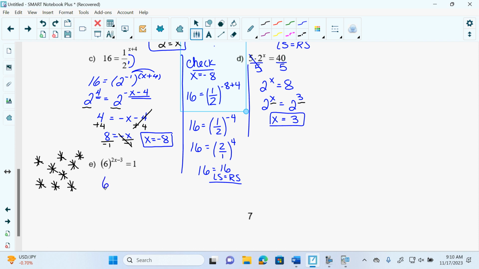So this would be 6 to the 2x minus 3, and 1 is the same as 6 to the 0. Good thing is, if you forget that, you'll be able to convert to a log in no time. You'll still get the same answer. So we'll get 2x minus 3, just takes longer, equals 0. 2x equals 3. X equals 3/2. Box it because I'm proud of it, because it's the right answer.